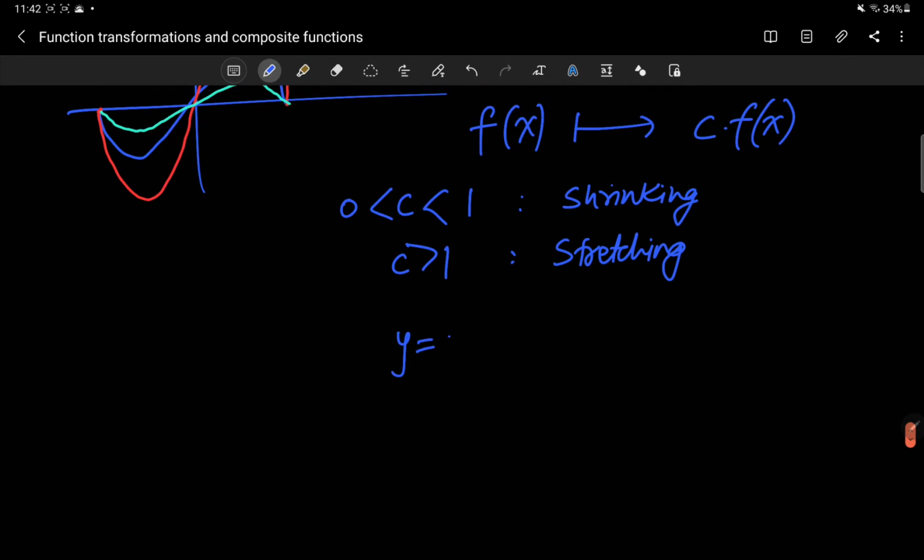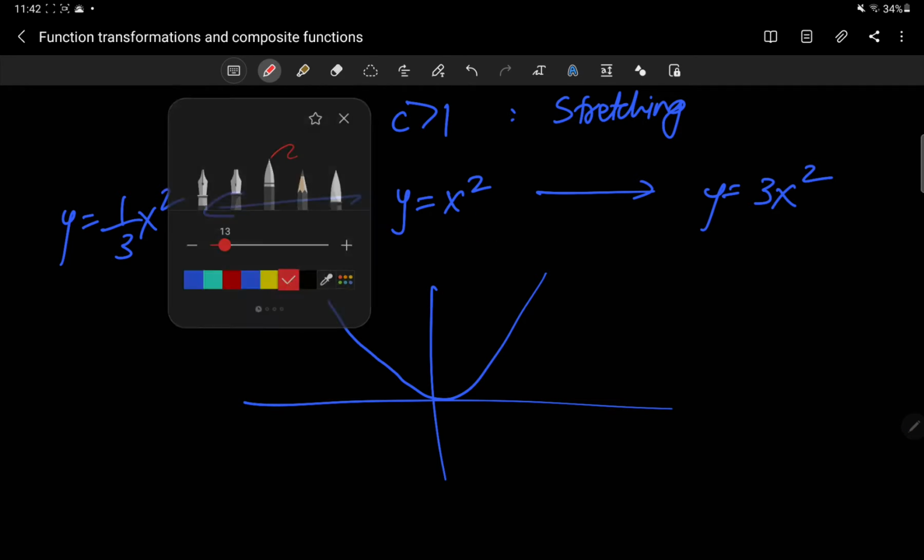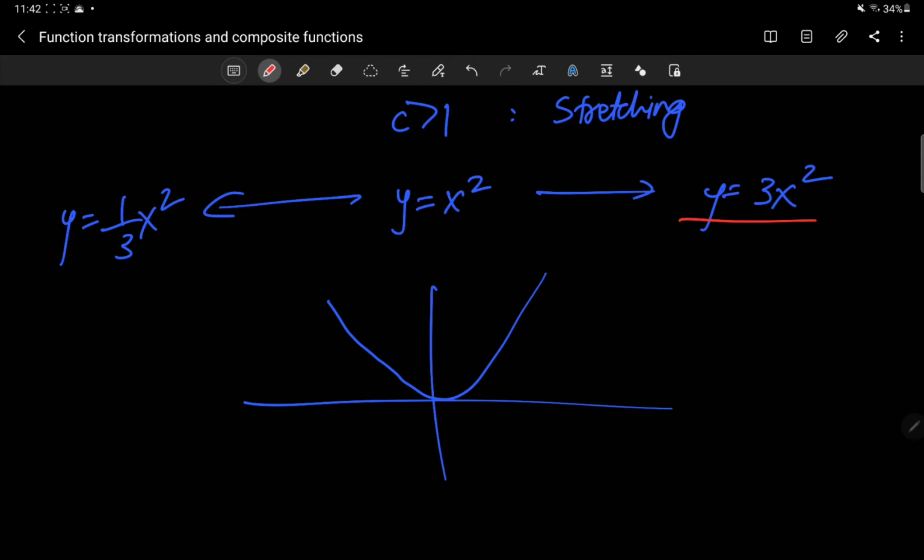So let's take our standard x squared example. From there I can obtain a graph for 3x squared and a graph for 1/3 x squared. What do those graphs look like? If that is x squared, then 3x squared would be stretching that graph vertically.